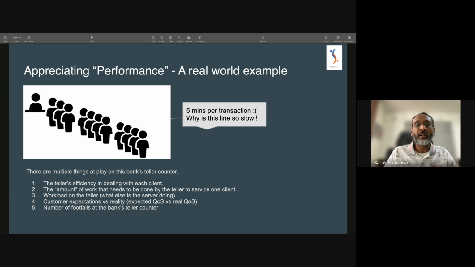All of this cannot be done in 20 seconds, right? I expect something to happen in 20 seconds, but in reality the amount of work takes at least a minute. So that could be an expected quality of service problem versus a real quality of service problem.